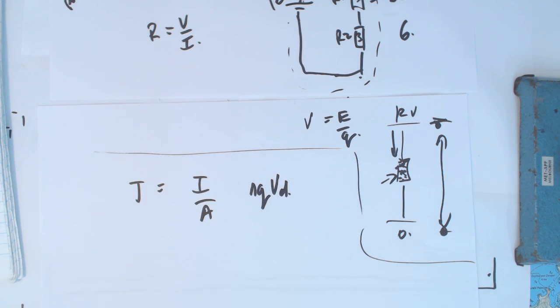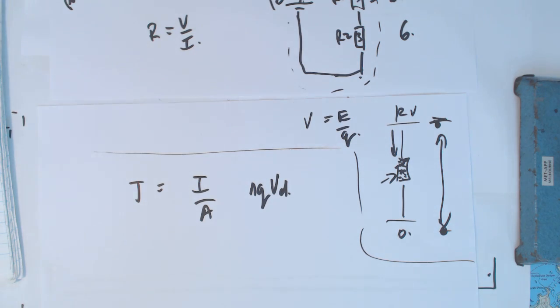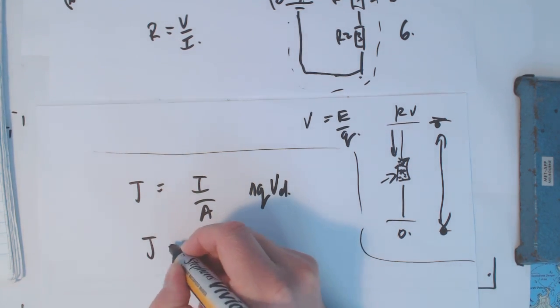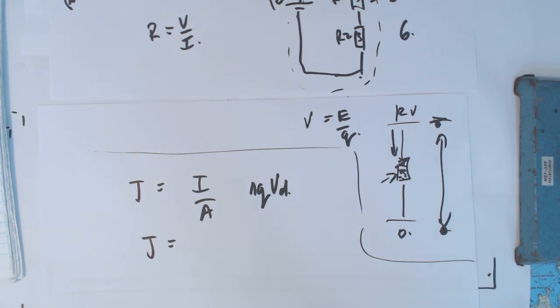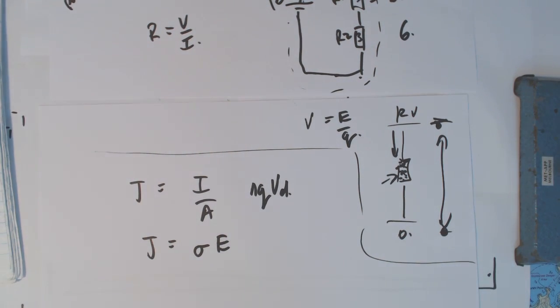Now, current density is, you know, amps per area. But we're going to also say that J must be proportional, so the amount of amps flowing has got to be proportional to something. We'll call it sigma times the electric field. It's proportional to the electric field, right?